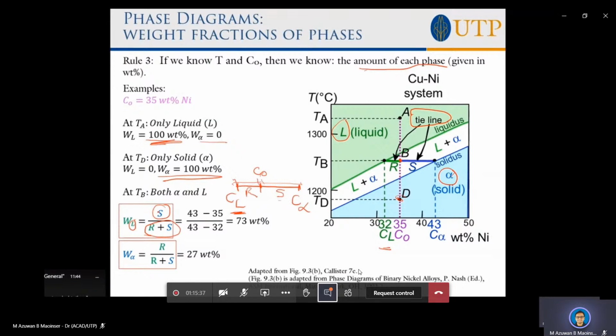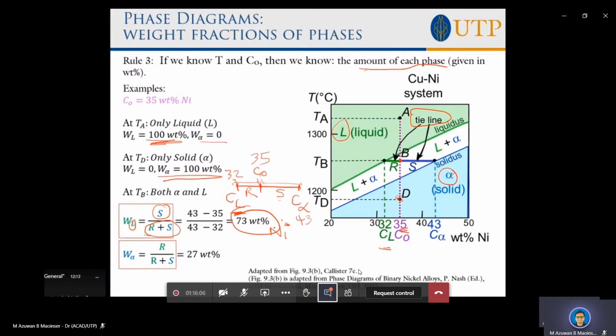So what is S? S is actually C alpha, 43, minus C naught. C naught is 35. So I have 43 minus 35 over the total length. This is 43, this is 35, and this is 32. So 43 minus 32, I got 73 weight percent nickel.